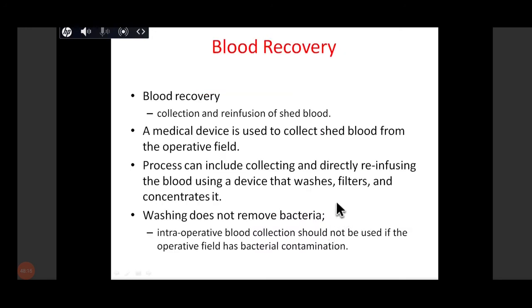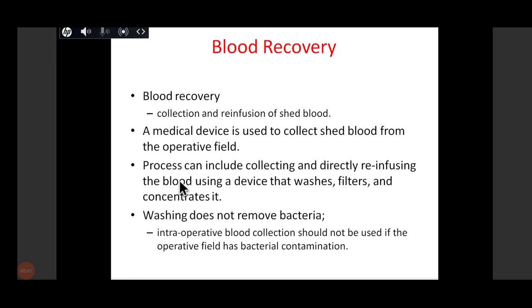The blood recovery, which is the third type: the blood is collected during the time of surgery and then reinfused. You need specific instruments or machines to purify this blood and then transfuse it. So a medical device is used to collect shed blood from the operative field.